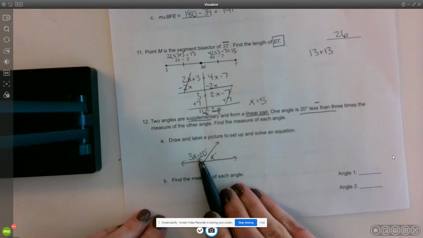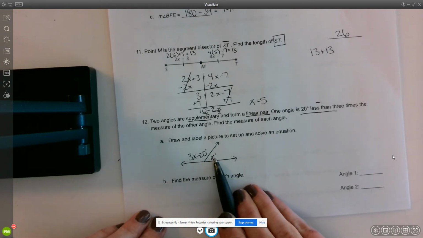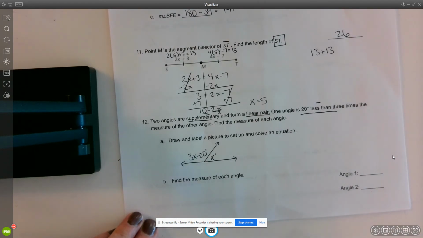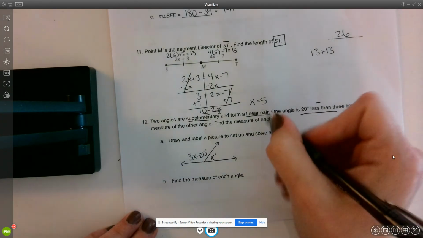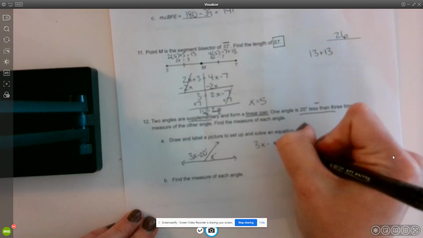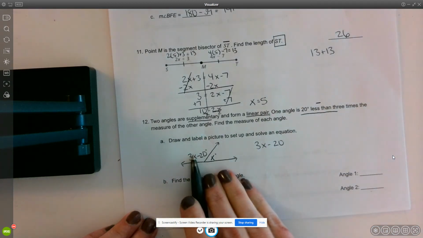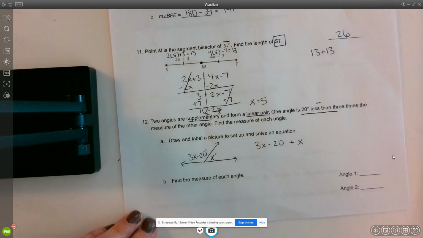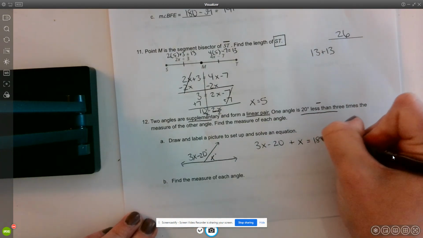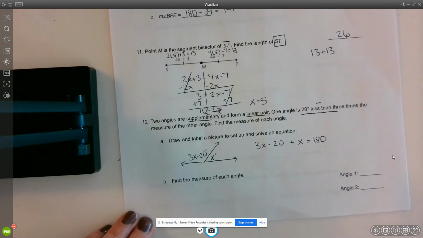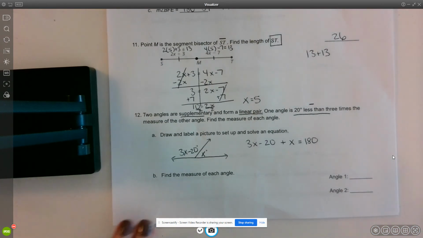So I have my picture set up with my expressions, and I'm ready to set up an equation. These two angles are supplementary, which means they add up to 180. So 3x minus 20 degrees, this angle, plus my x degree angle has to add up to equal 180. I'm going to go ahead and solve for x.